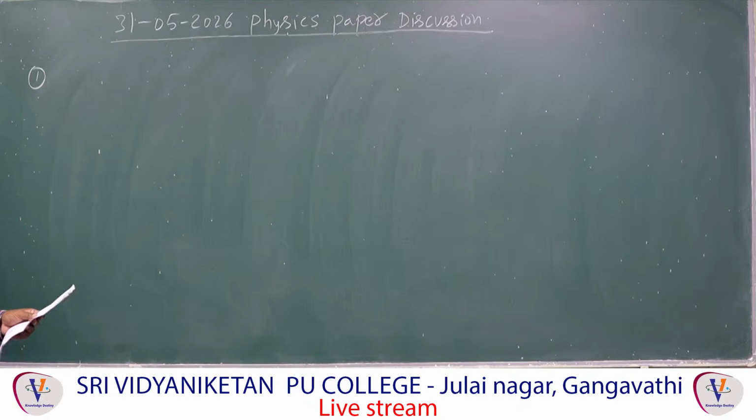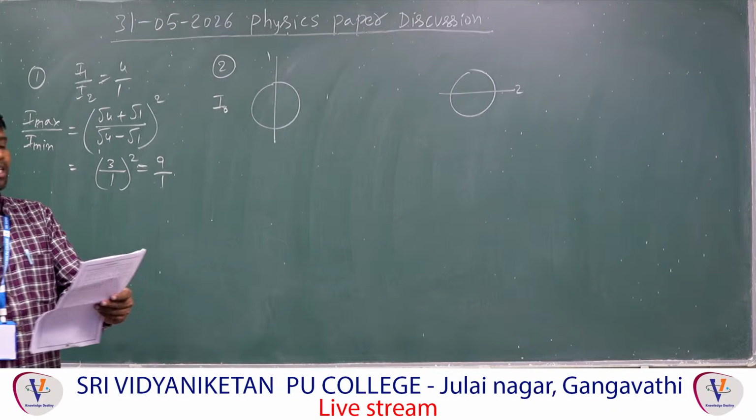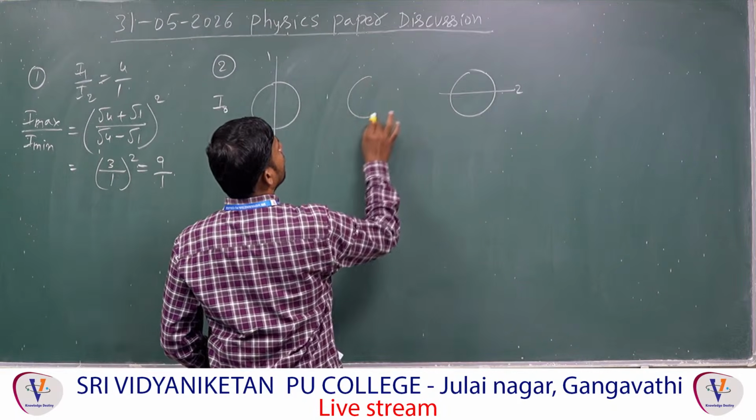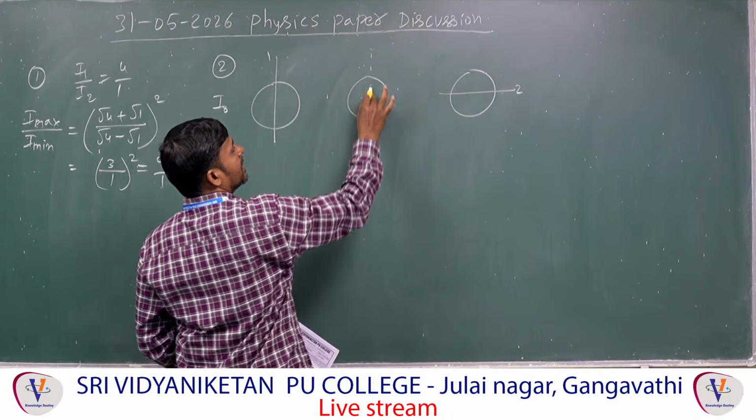First, the ratio of the intensity of the two waves agrees with that of P1. Third one: the original first axis is vertical.